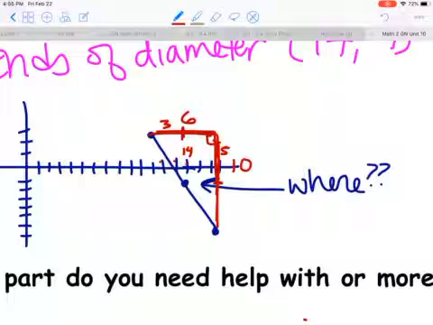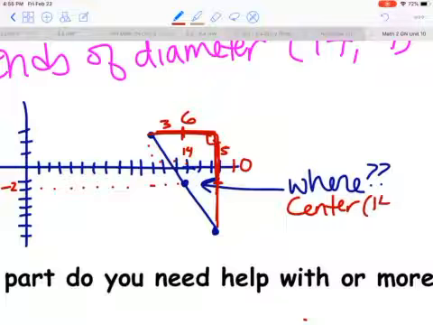So to go over 3 and down 5, this guy right here is at -2. So it's just halfway between the 2 points is your center. So your center here is at 14, -2. And if you look at the 2 points, you could also find the halfway without drawing it. It just takes a little bit more thought process, but it's up to you which one you like more.